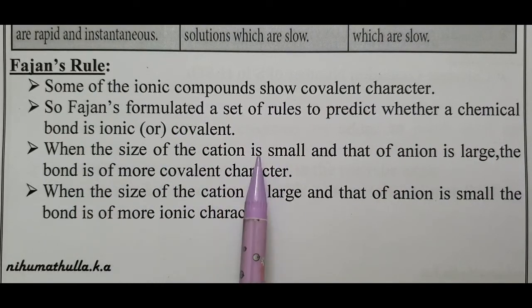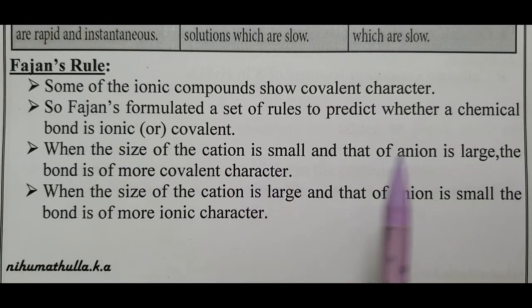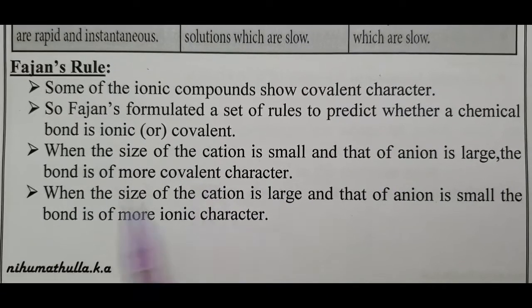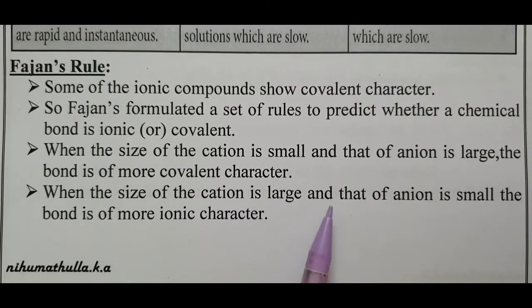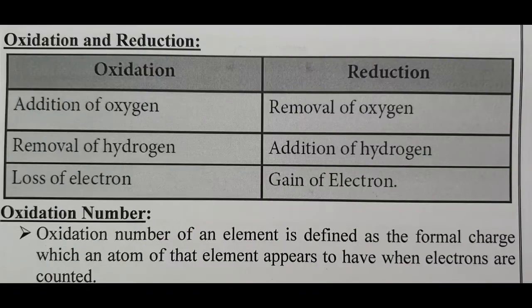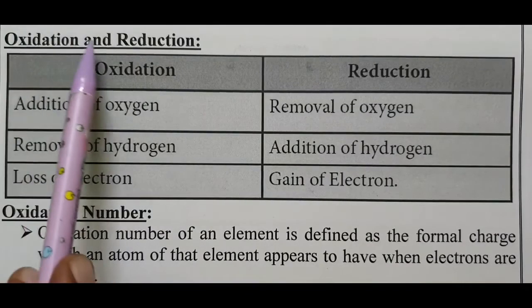When the size of the cation is small and that of the anion is large, the bond is of more covalent character. Anion size is large means the compound has more covalent character. When the size of the cation is large and that of the anion is small, the bond is of more ionic character. This is Fajan's rule.